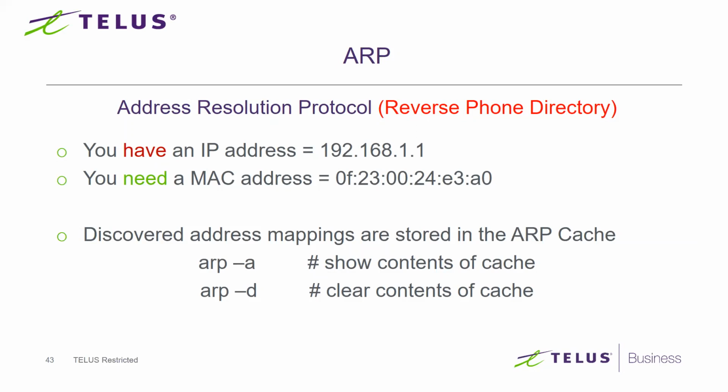Part of it's the manufacturer of the hardware, and part of it's the ID of that device. Technically, every device in the world that has the capability of communicating in a data stream is supposed to have a unique MAC address. I have actually physically run into devices with the same MAC address. It doesn't happen very often, but it certainly does happen. But at a logical level, they're supposed to be unique.